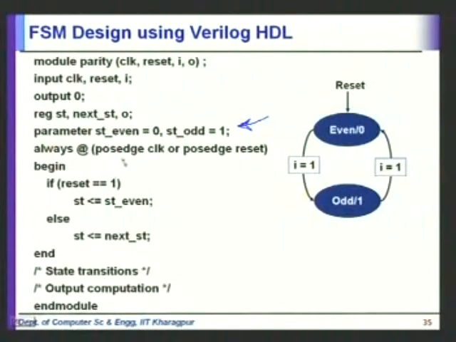So when reset is high, regardless of what anything else happens, your next state is always ST even, the 0 state. Whenever the reset is low, the next state is defined by the next state function. If there is a reset, then the next state function is overridden by the reset. This is one way of defining the state machine. After this, we are going to look at the state transitions and the output computation.